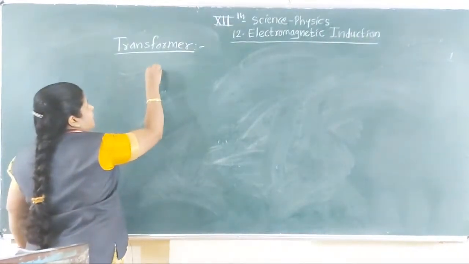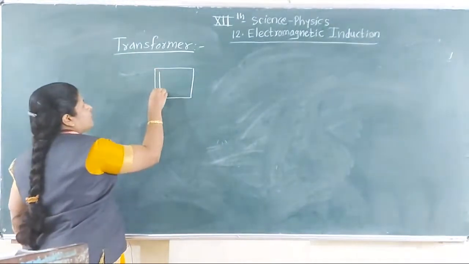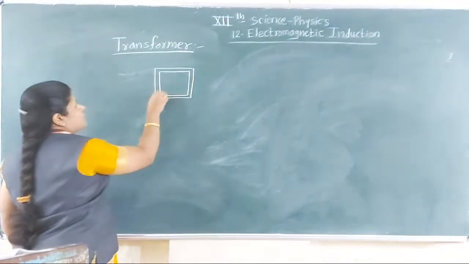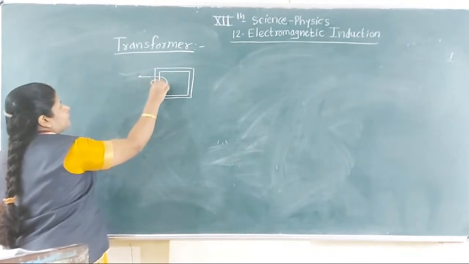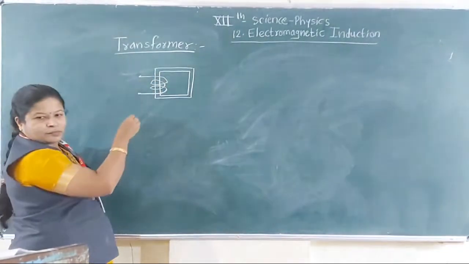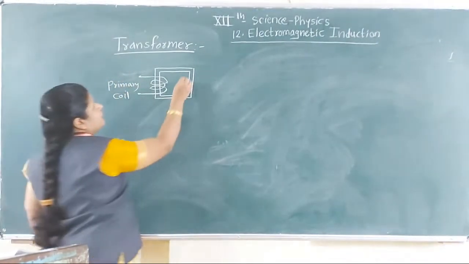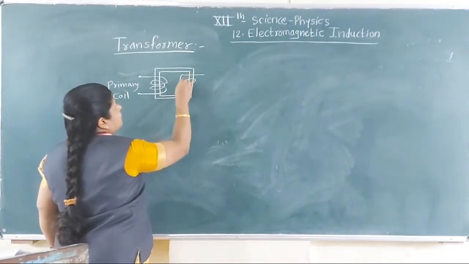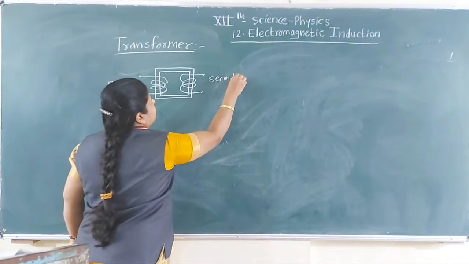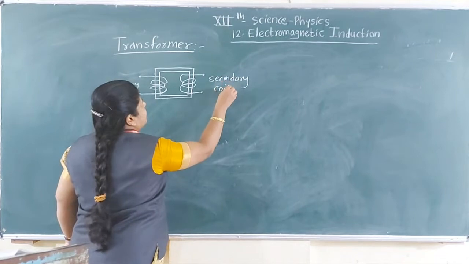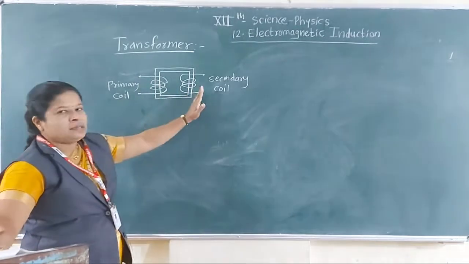This is the diagram of a transformer. This is the primary coil, and this is the secondary coil, and this is the iron core. Primary coil, secondary coil.